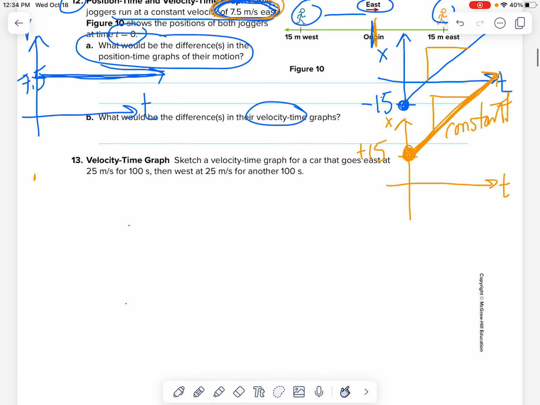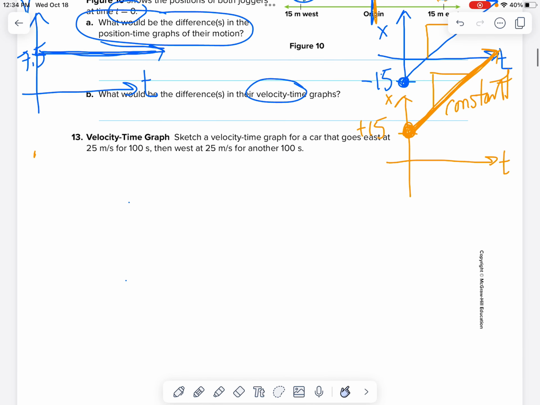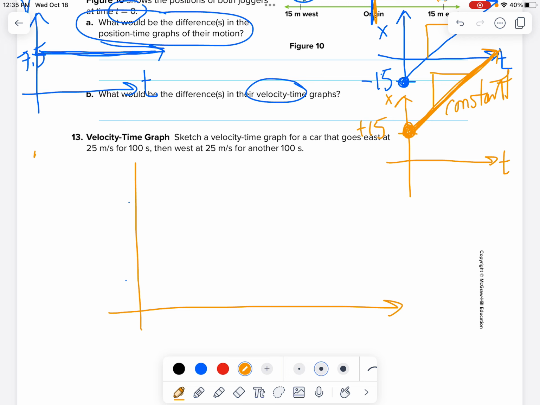Okay, let's come down here. This one is asking us to sketch a velocity time graph for a car that goes east at 25 meters per second for 100 seconds.